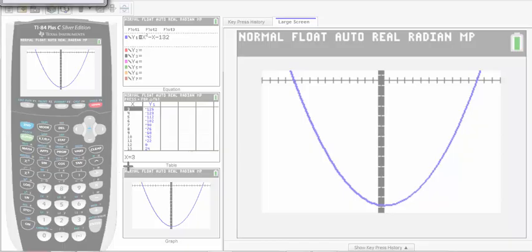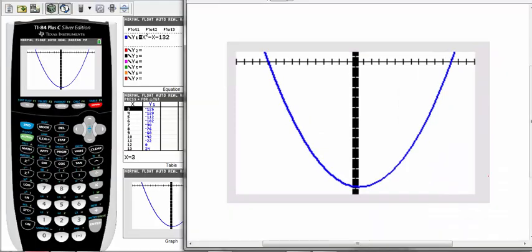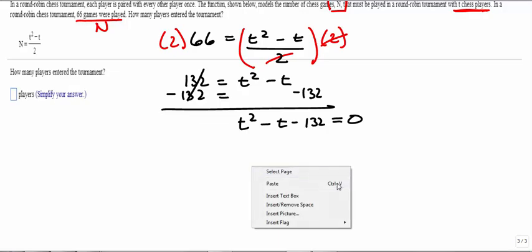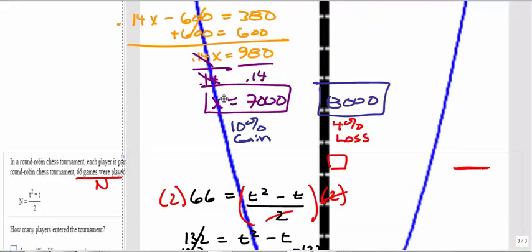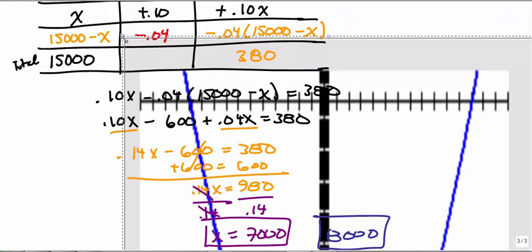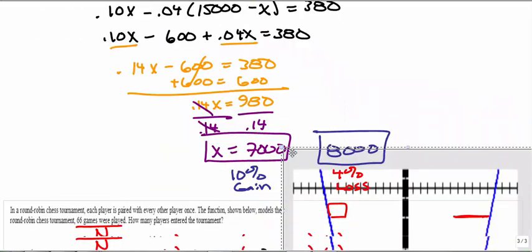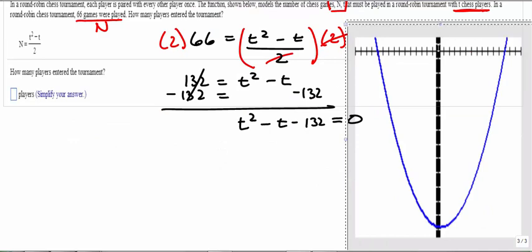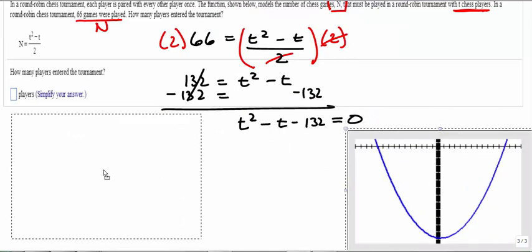Now, if any of you decided to solve this differently, you might already be done. You may have tried to factor this, and it does factor very nicely into integers. But if you're not sure how it factors and you're stuck with factoring, a good option is to go after the graph to see if you can get any indication of correct solutions, if it's an integer value or decimal values. It just provides a lot of good information.